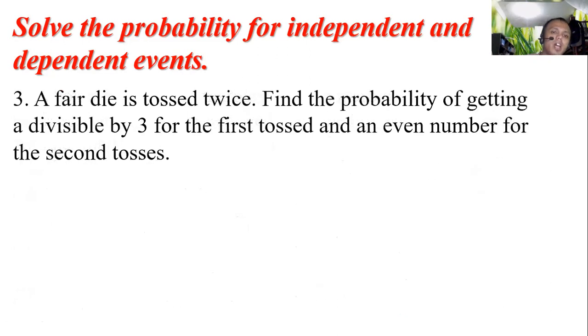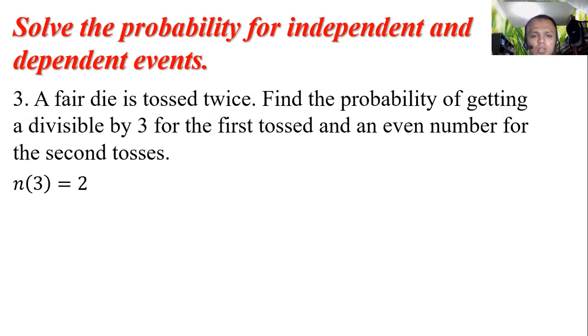Number 3, a fair die is tossed twice. Find the probability of getting a divisible by 3 for the first toss and an even number for the second toss. Okay? A fair die daw is tossed twice, dalawang beses. So this one is an example of independent, no?